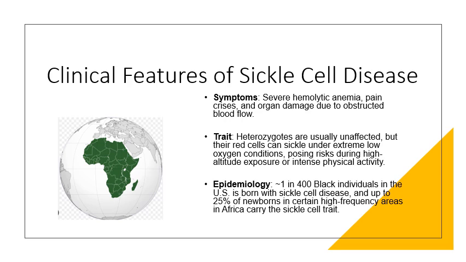Sickle cell disease causes anemia, pain crisis, and organ damage due to blocked blood flow. Carriers of one faulty gene, known as sickle cell trait, are usually unaffected. However, they can face risks under extreme conditions, such as high altitude.